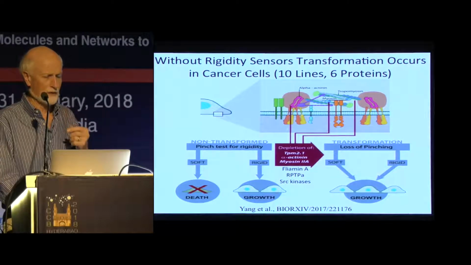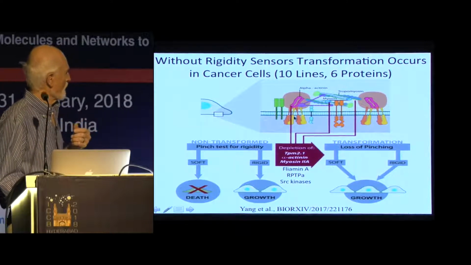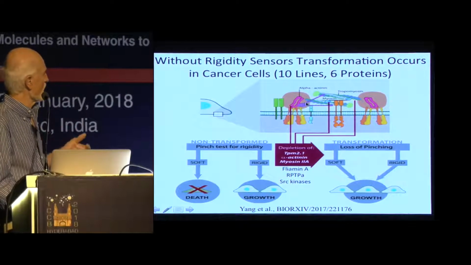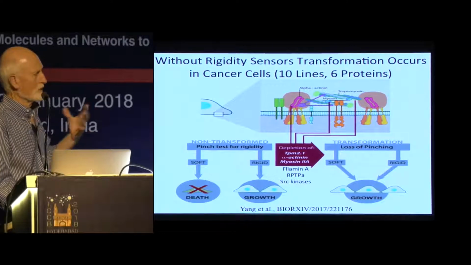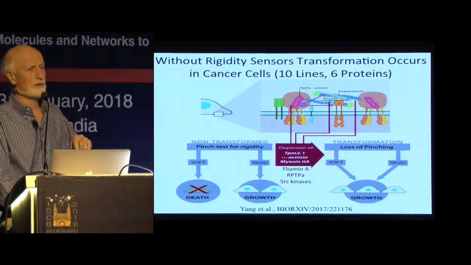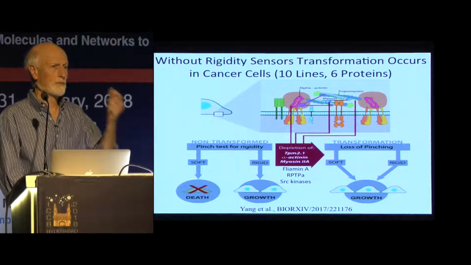So we've looked now at a variety of different cells, and all of them seem to be missing this complex, which is about 2 micrometers in size, contains many components that I'll talk about, but when it is missing, cells don't know the rigidity of the substrate and therefore grow.